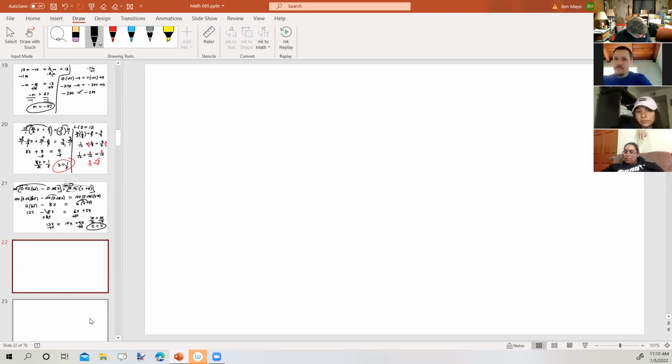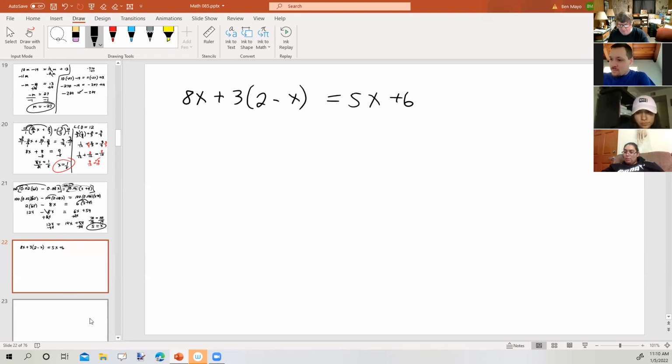Let's see, we've got 8x plus 3 times the quantity, 2 minus x, equals 5x plus 6. Okay. I'm going to simplify both sides of the equation.